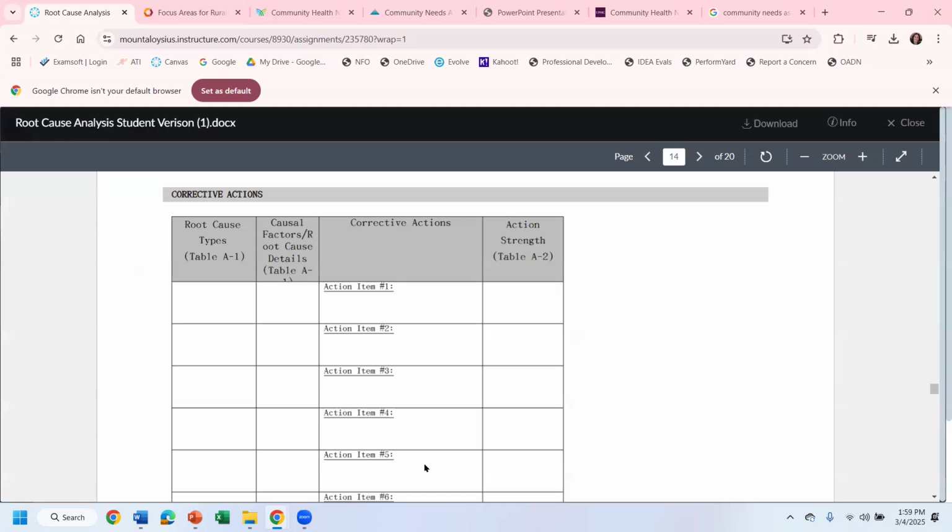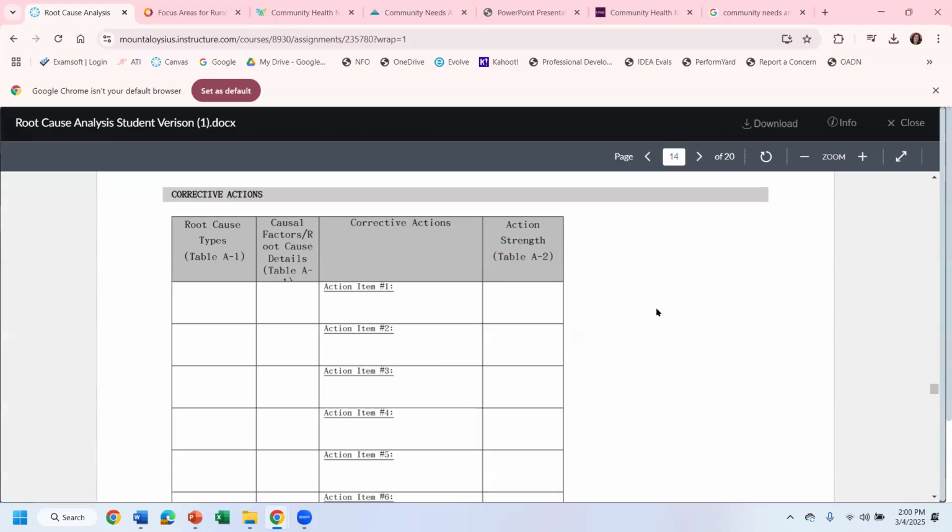These corrective actions should also be based in the literature, peer-reviewed journal articles, preferably research articles, whether it's primary or secondary research. In this last column, you're going to determine the strength of this corrective action or intervention.